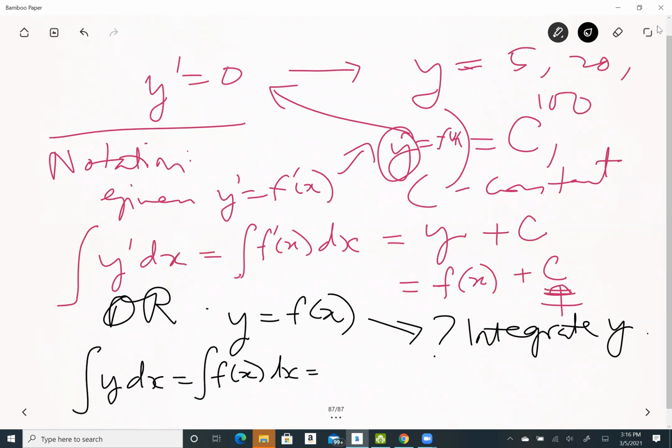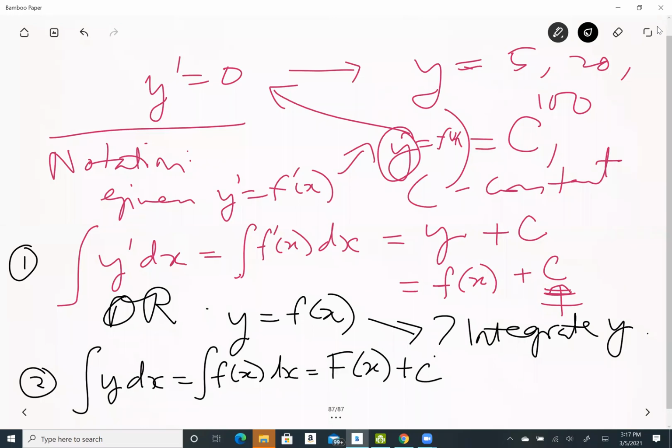Now you just reassign the notation for the integral. Normally we call it a capital F of x plus a c. So there are two ways of writing it. Number one, from the concept, antiderivative. Number two, for any function, when you integrate, you just get a capital F. Okay, so that is the symbol.